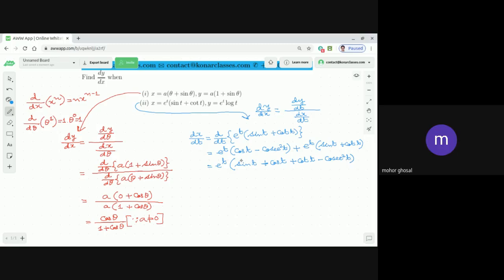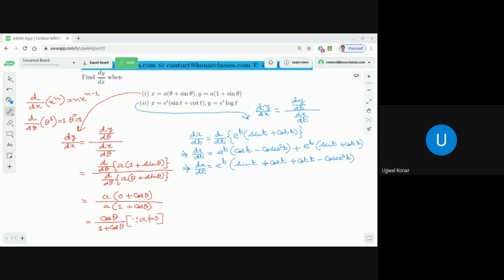Okay. And what is the value of dy/dt? What is the value of dy/dt? Sir, I got e to power t by t plus log t into e to power t. Yeah, even I got that. Yes, correct.